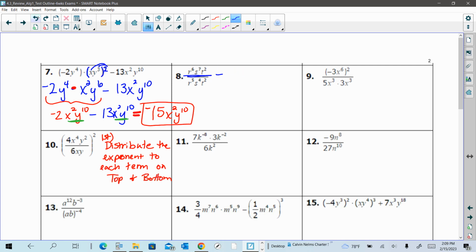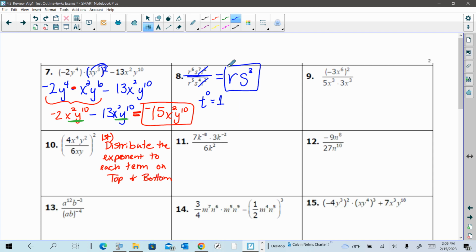I don't have to put an exponent of 1. You should know it's there. And then s to the 3rd power. And here your t's end up actually canceling out. Or if you put t to the 0, you had to remember any number to the 0 is 1, and 1 times anything stays itself. So that was our final answer.